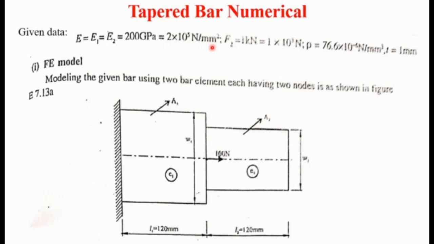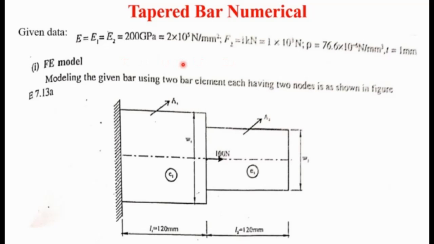Then F2 is equal to 1 kilonewton, the force acting on the second node, which is equal to 1 into 10 raised to 3 Newton. The density is given, rho is equal to 76.6 into 10 raised to minus 6 Newton per mm cube. Then thickness of 1 mm is given here.